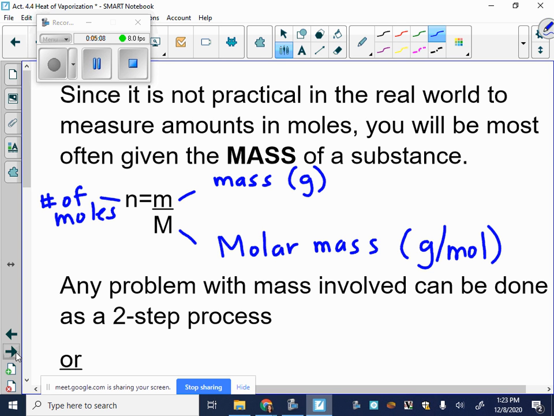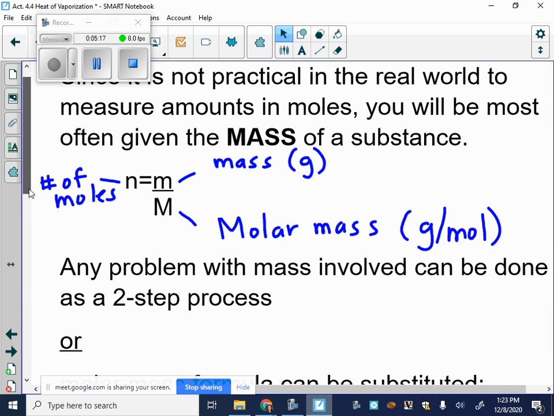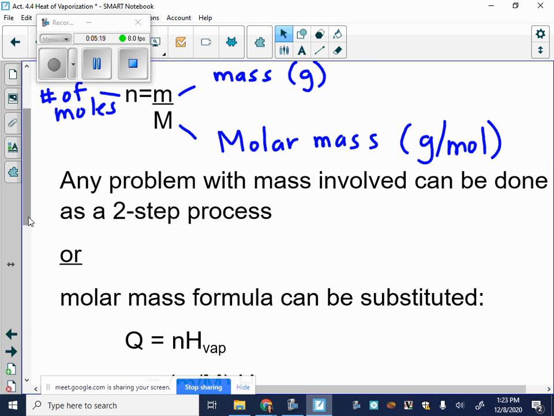So instead of using two different formulas and two different steps, we can actually just combine this formula with our heat of vaporization formula.